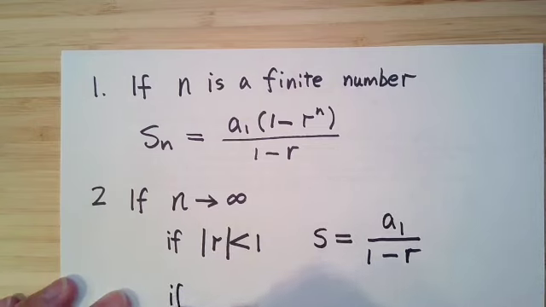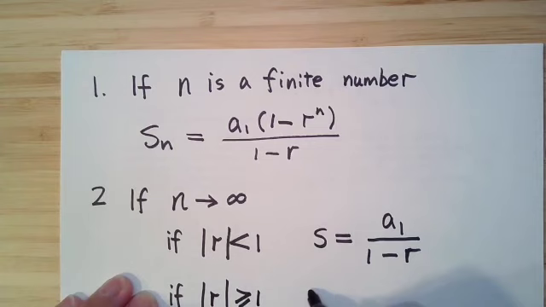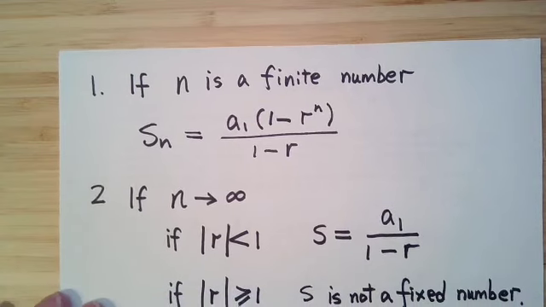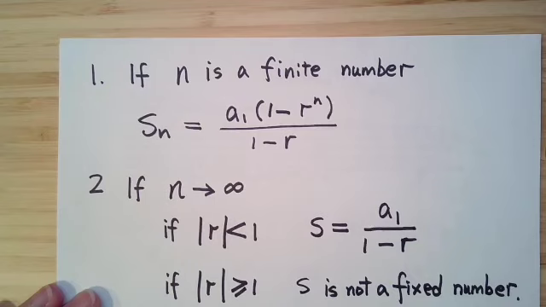But if the absolute value of r is greater than or equal to 1, then S is not a fixed number. In this course, we cannot do it. Okay, now you see for the geometric sequence to calculate the sum, there are 3 situations.